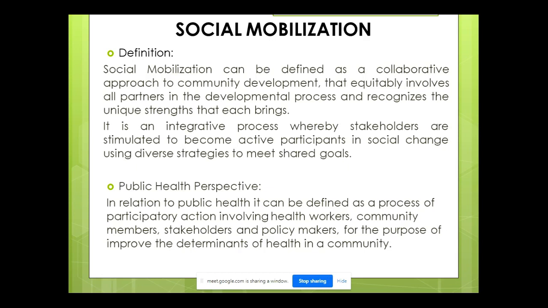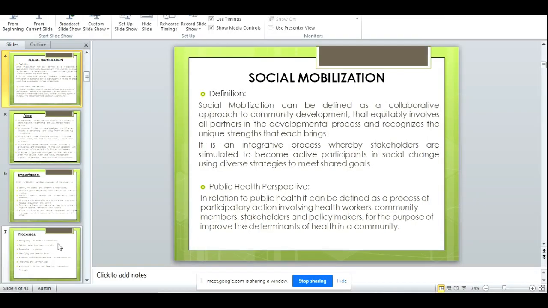So when you want to do community development and you have partners, you have to recognize the strength that each person brings when you're trying to pool resources for the community development. So it is an integrative process whereby stakeholders are stimulated to become active participants in social change using diverse strategies to meet shared goals. We'll be looking at those strategies as we go.